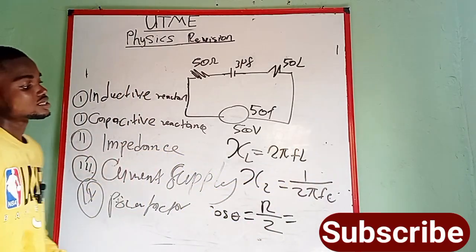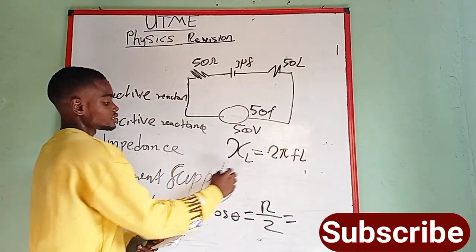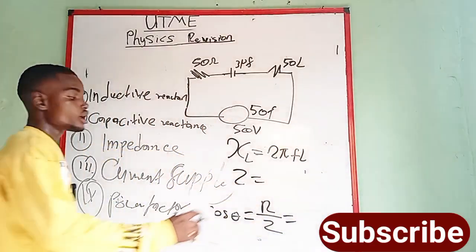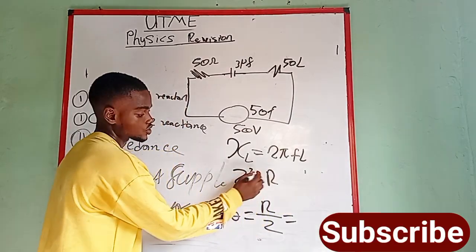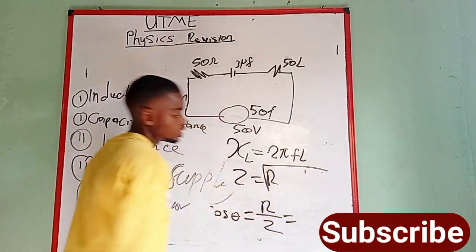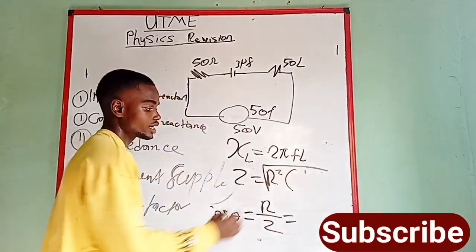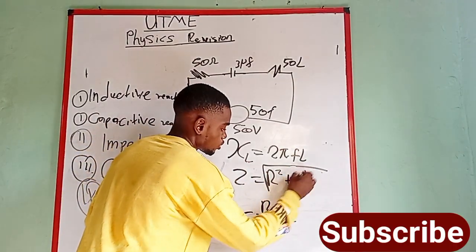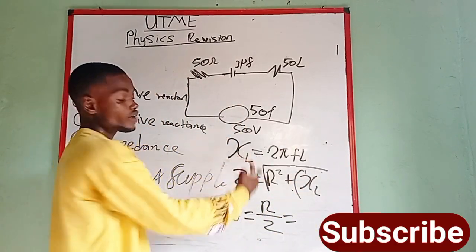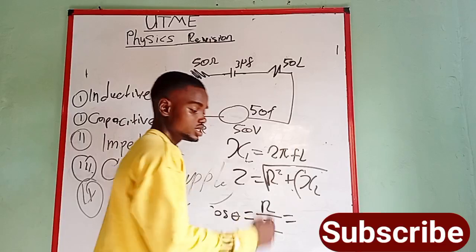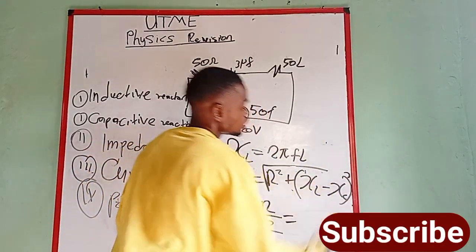Now the impedance Z is going to be the square root of R squared plus the square of the inductive reactance minus the capacitive reactance. Remember, this has a square, but we are rooting it because we are looking for the impedance, not the impedance squared.